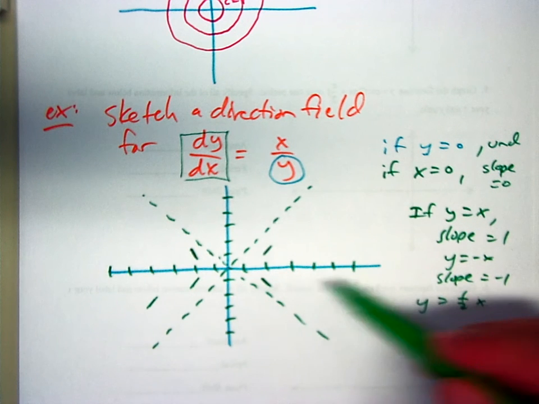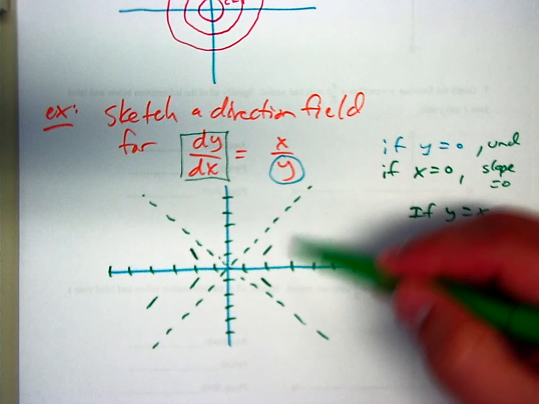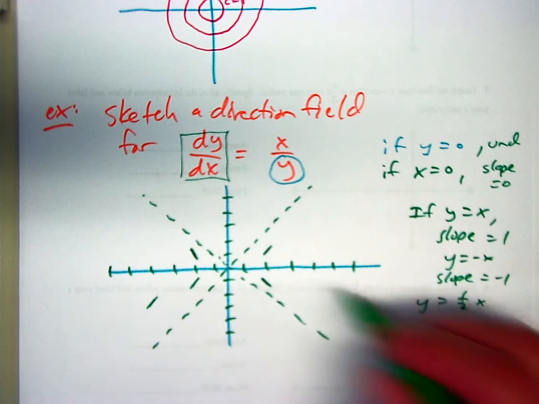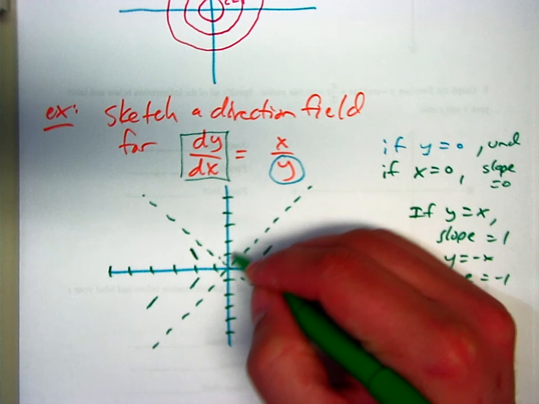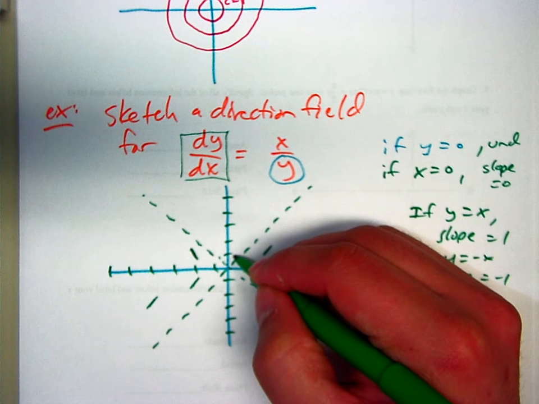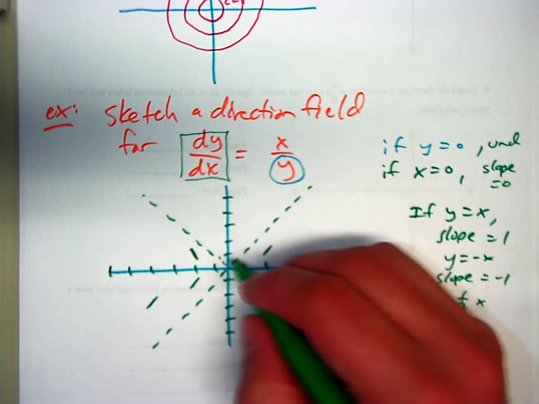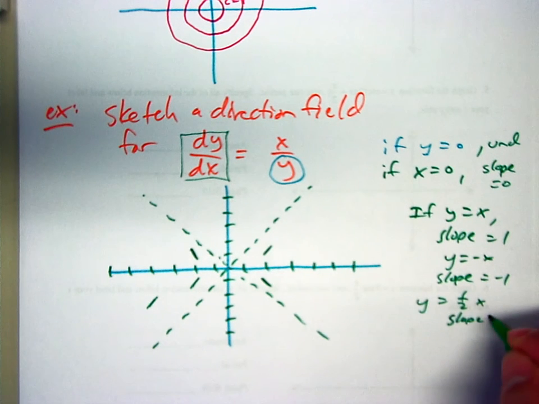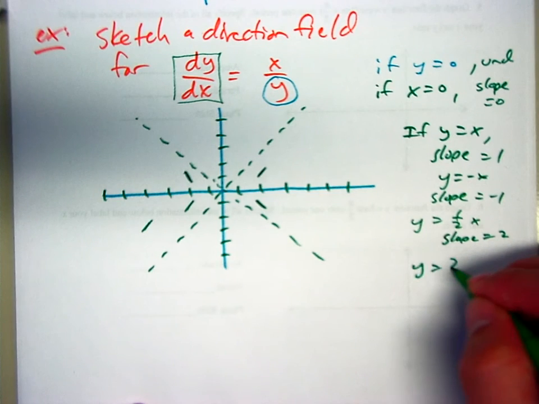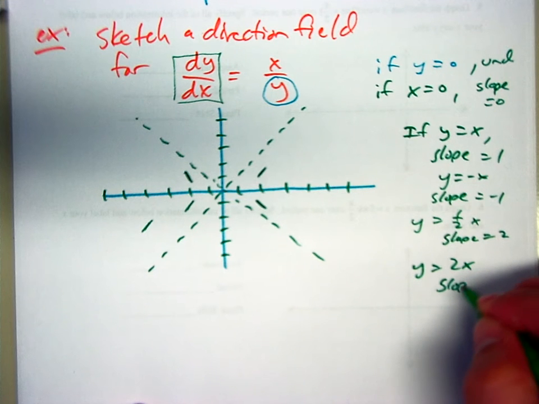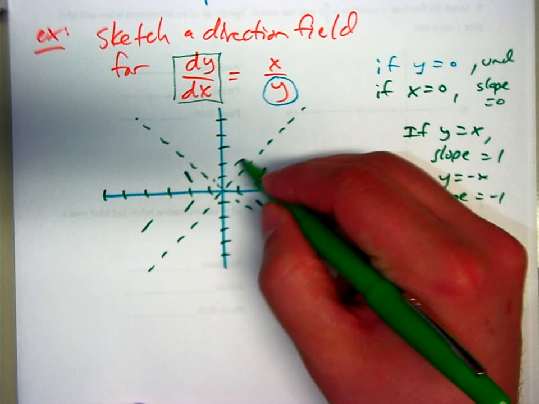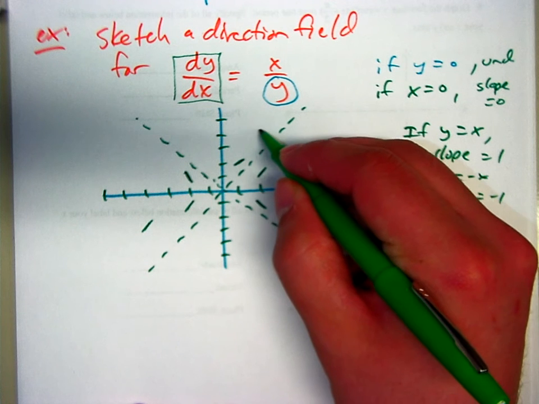As you start to get more of these, you're going to start to see what kind of shapes we're going to get here. If we do y equals 2x, now along a steeper line, the lineal elements get a little flatter. So along y equals 2x, the slope is 1/2. Okay, so flatter.